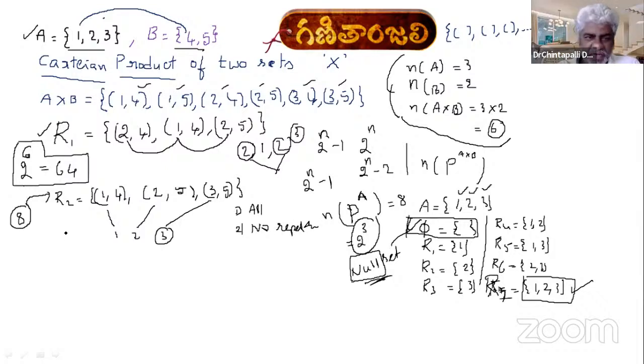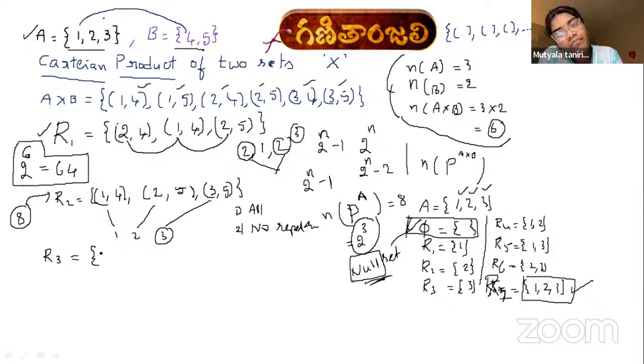Can you create another subset of A cross B obeying the conditions? All elements in A should be used and no repetition is allowed, and those elements are to be picked from A cross B. Try 1, 4.